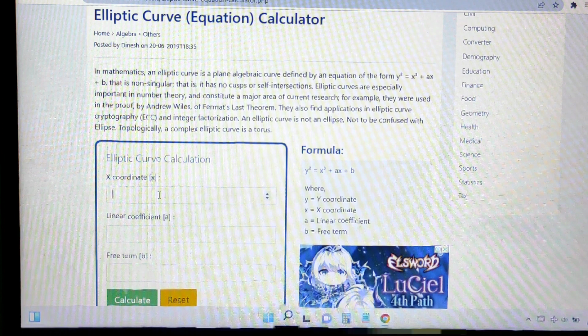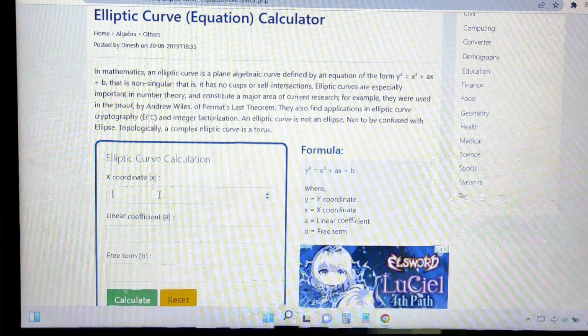Elliptic curves are especially important in number theory and constitute a major area of current research. For example, they were used in the proof by Andrew Wiles of Fermat's Last Theorem. They also find applications in elliptic curve cryptography, or ECC, and integer factorization. An elliptic curve is not an ellipse, not to be confused with an ellipse.